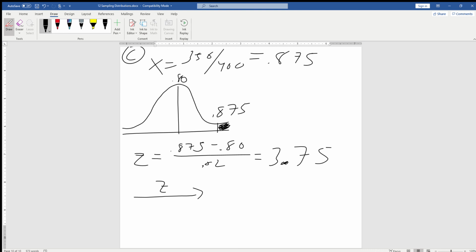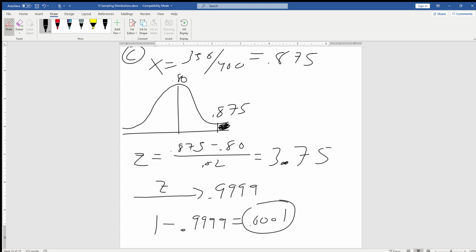So 3.75, 0.9999. And of course, since it's a more than problem, every time you're looking at this, you're going to take the complement. So for our final answer, that's 1 minus 0.9999, which is 0.0001. In your calculator, it might show something like 1e to the minus 3, or 1e to the minus 4.